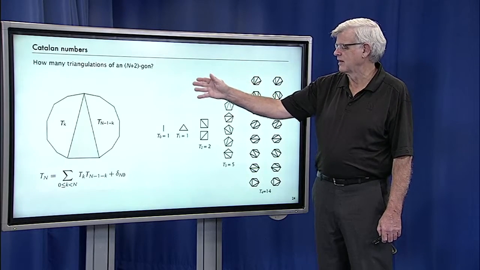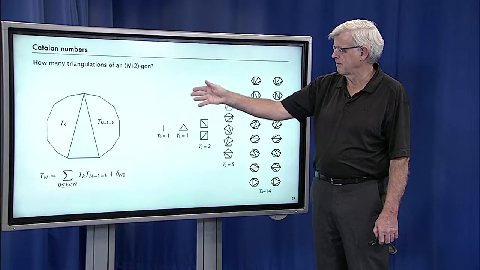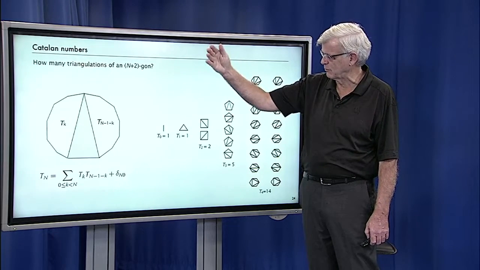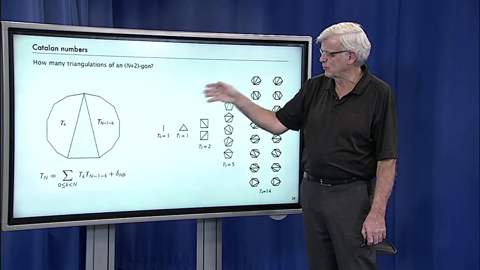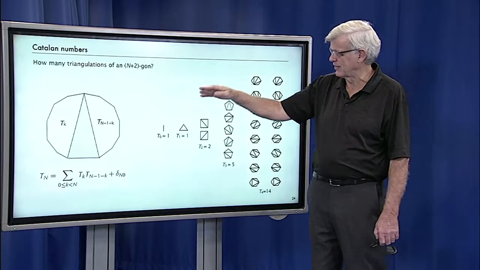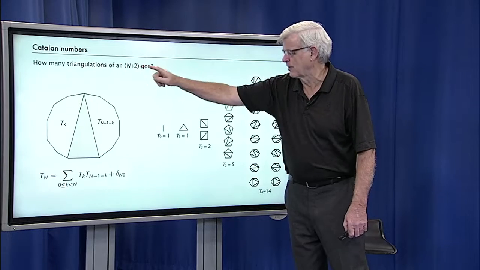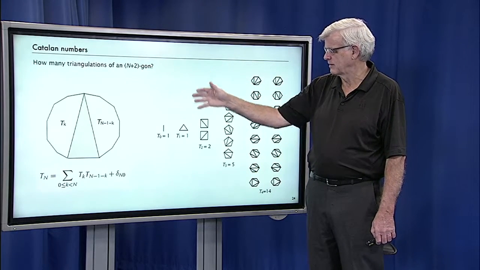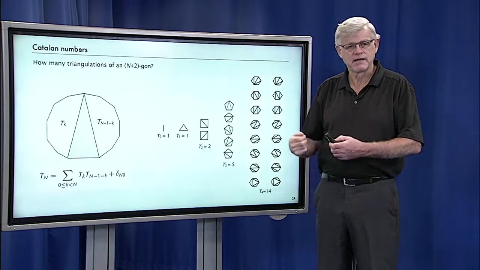In general, if we draw a diagonal and leave k vertices on one side and n minus 1 minus k on the other side, and there's one less because we draw the triangle, then you can triangulate those any way that you want, each one independently.